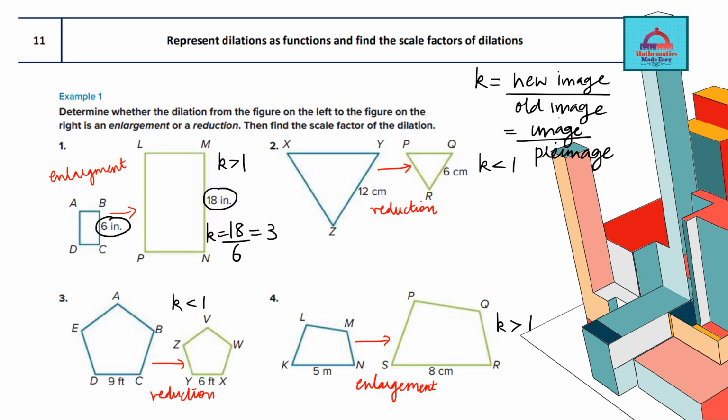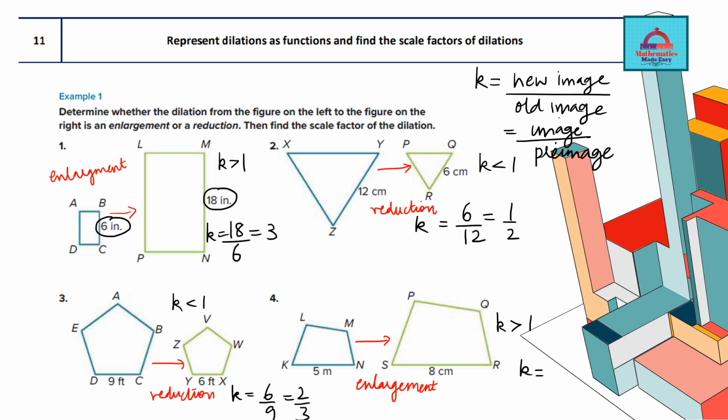Here the new size after reduction is 6, old was 12, so 6 divided by 12, that is new divided by old for the scale factor, so 1 by 2 or 0.5. Definitely it is less than 1 because it's a reduction. Next you have the scale factor for question 3 as 6 divided by 9, which is 2 by 3, less than 1, correct.